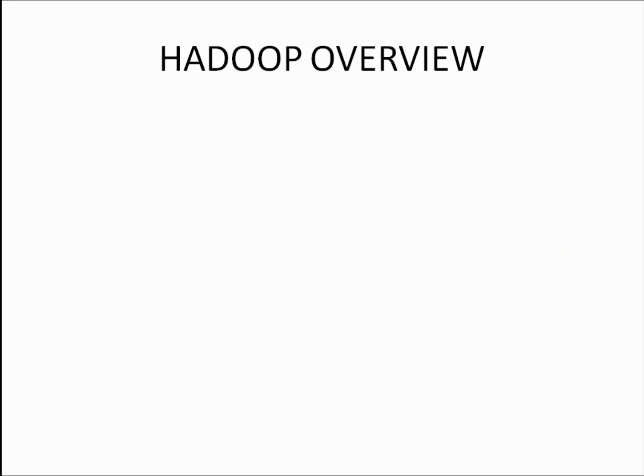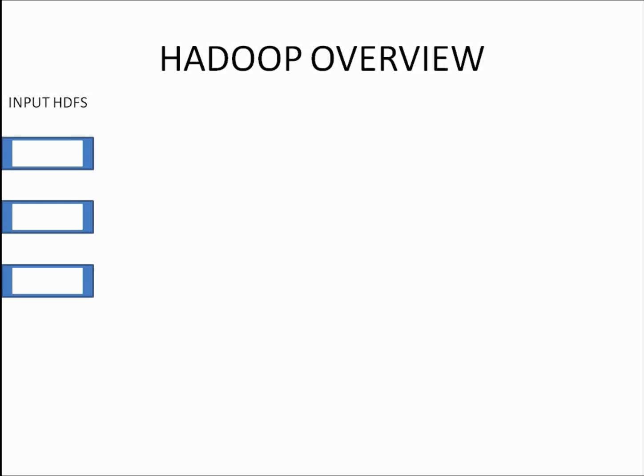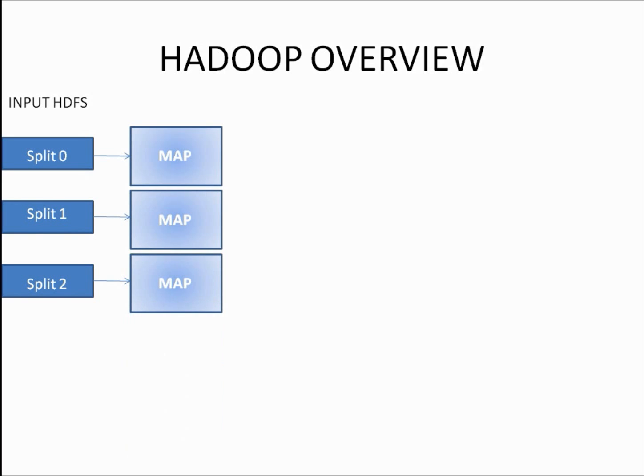We go further, and to wrap up this overview of Hadoop, we will have a quick illustration of how everything is happening in Hadoop. Suppose this is the input Hadoop distributed file system. The files are distributed into 3 servers or 3 nodes. In this case, it can be any number. Now data has been sent to the mapper.